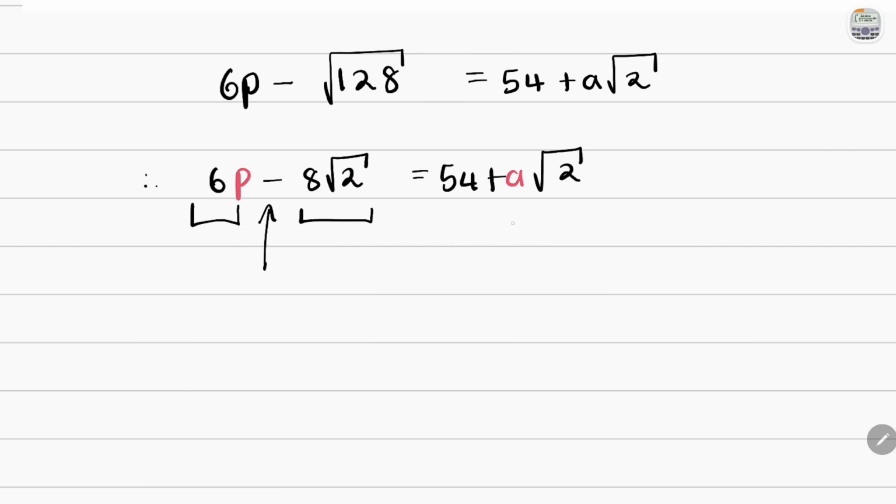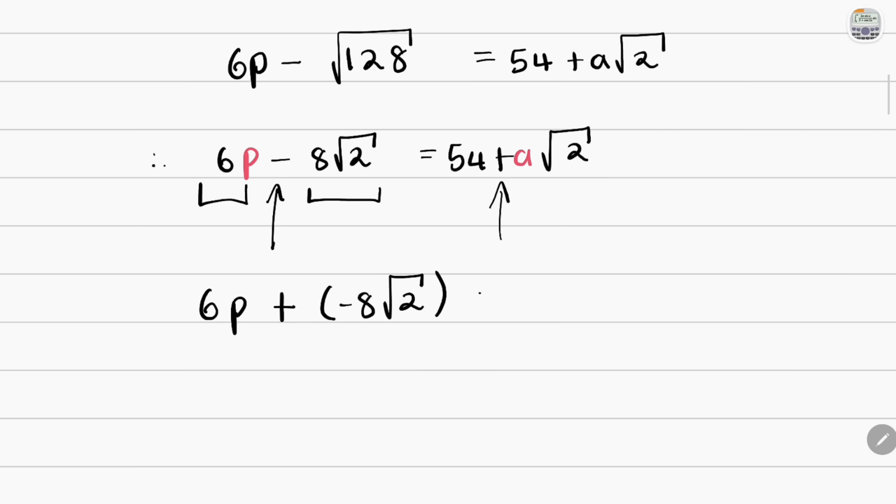You can clearly see that these two are probably the same thing. But the only problem is this is a minus here, and this is a plus. Well, you can rewrite this expression like this. You can call this 6p, and then you could still say plus negative 8 square root 2, and it would still mean the exact same thing. And so it's equal to 54 plus a square root 2.